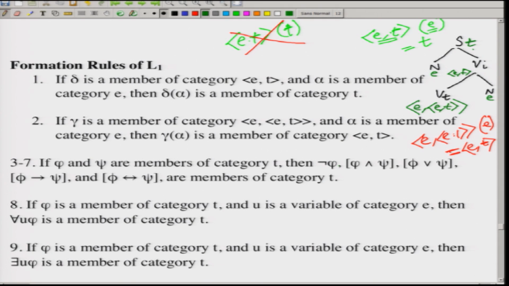If phi is a member of category T and u is a variable, then all u phi is a member of category T. What does it mean? It means that phi can be anything. So, if phi is any kind of a formula, so it can be Mx, or it can be Lxy.